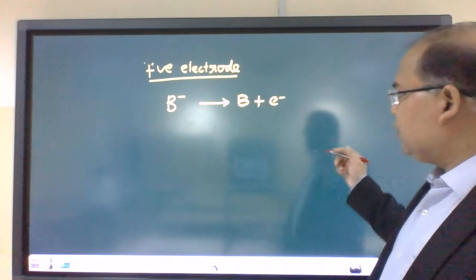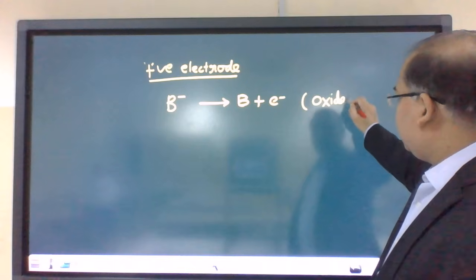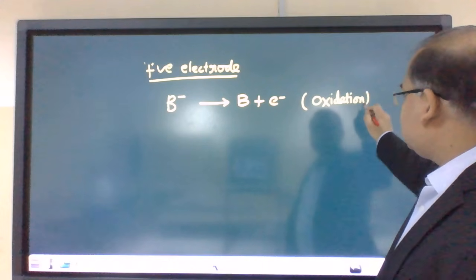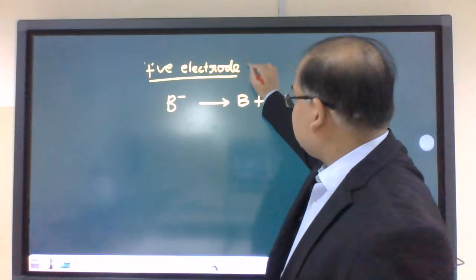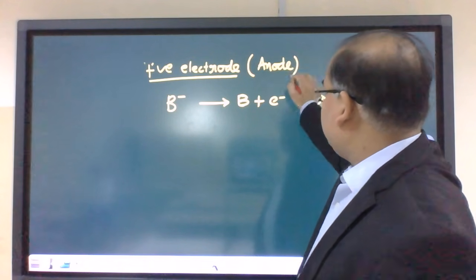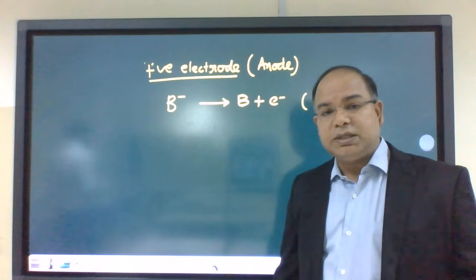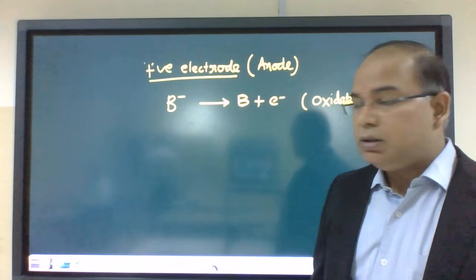This is loss of electrons, so it is also known as oxidation. And remember this, oxidation always takes place at the anode. So the positive electrode here is the anode. The anode is the positive electrode in an electrolytic cell where anions get discharged into a pure substance.